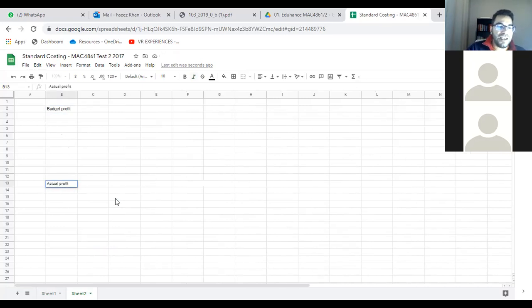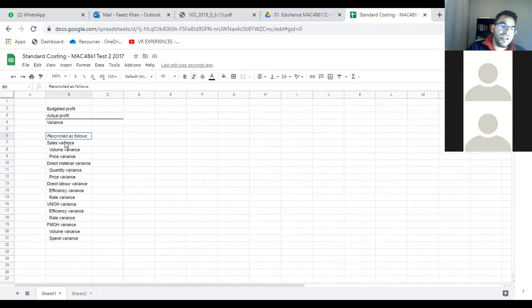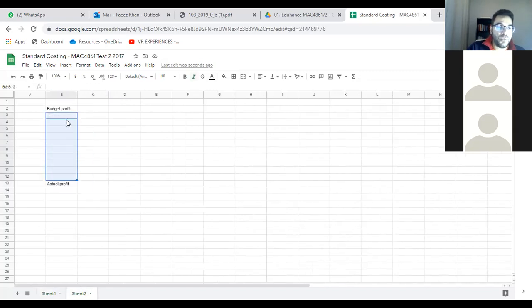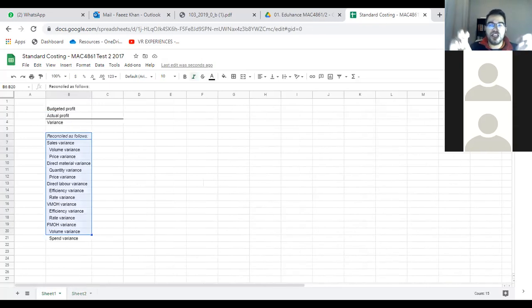So basically, what is in between is what I have under reconciliation. What is in between budget and actual is what is reconciled as follows.